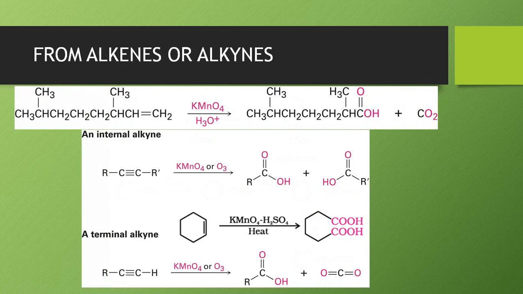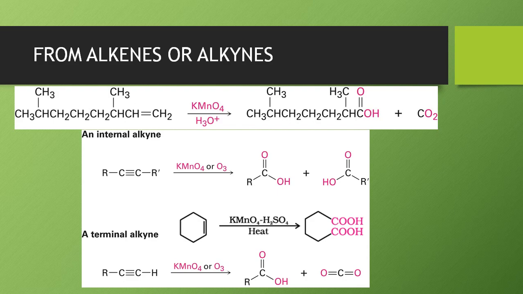Next method of preparation is from alkenes or alkynes. Alkenes or alkynes can also be converted to carboxylic acids by their oxidation with KMnO4 in the presence of acidic medium.